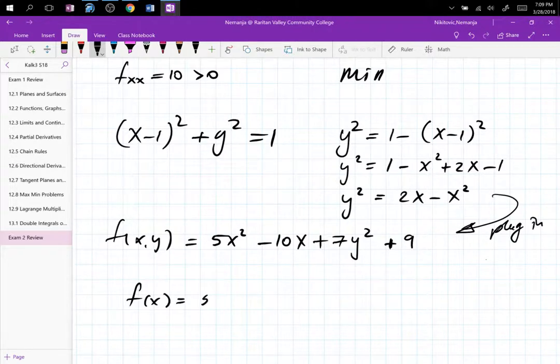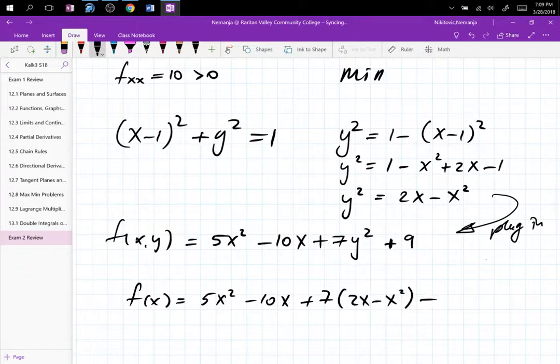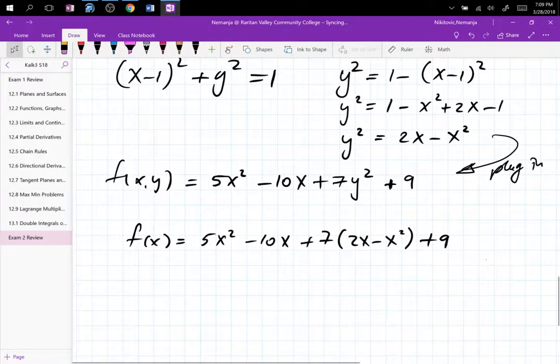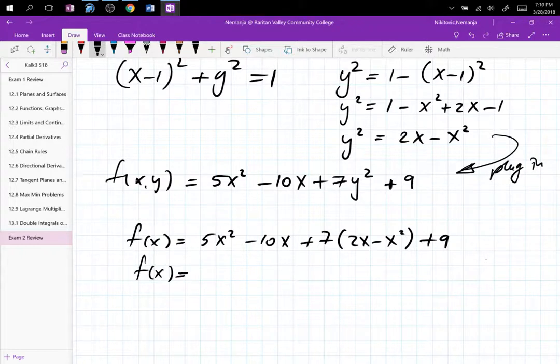So I have 5x squared minus 10x plus 7 times 2x minus x squared plus 9. And then you have to crank the Calc 1 procedure. So now I have negative 2x squared, right, because I have negative 7 over there. I have a positive 14 minus 10, so it's a plus 4x, and then plus 9.